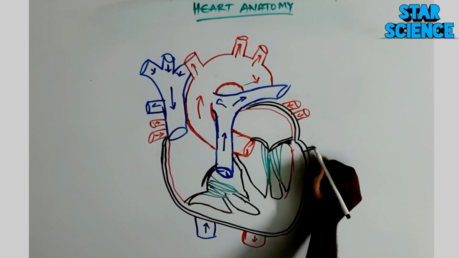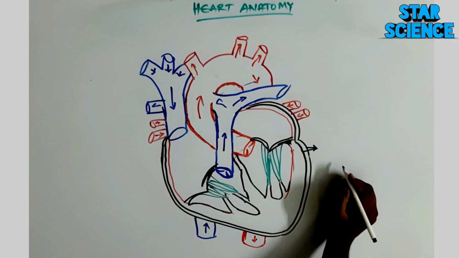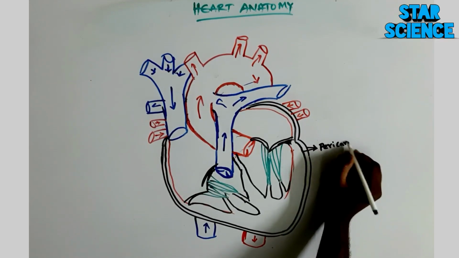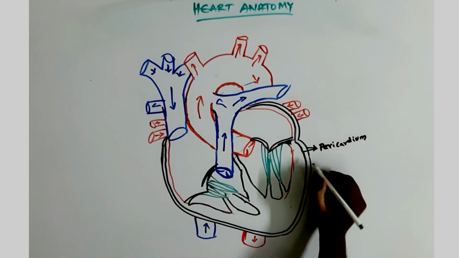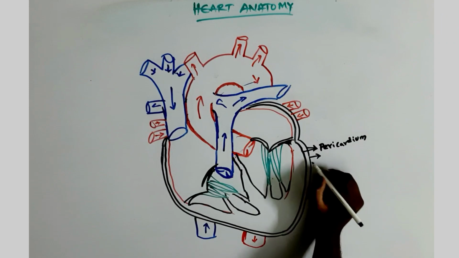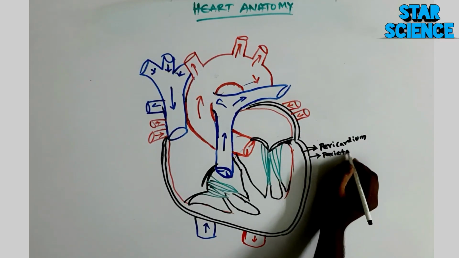Layers of the heart. The outer layer of the heart is called the pericardium, and this pericardium is the outer covering of the heart, and it is made up of two layers. The outer layer, right now I am showing you on the screen, this particular region, is known as the parietal pericardium.